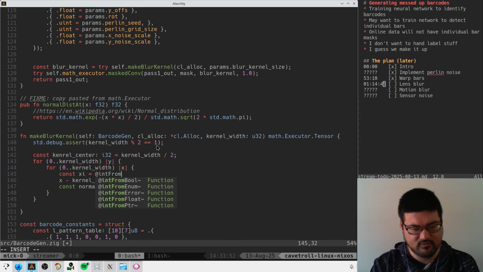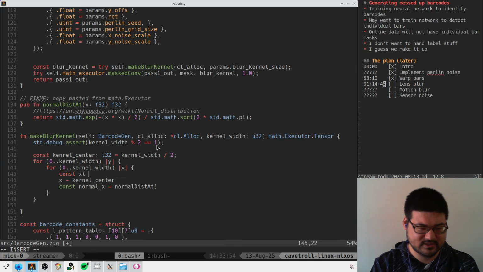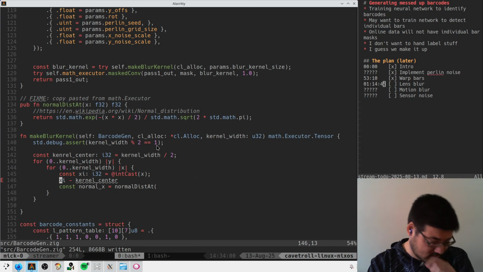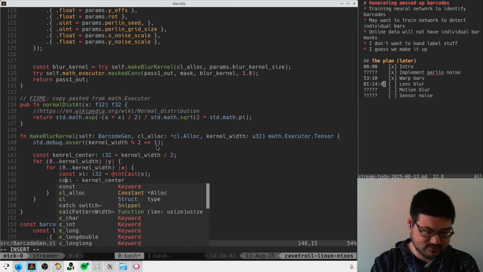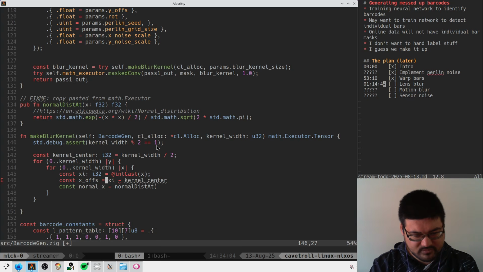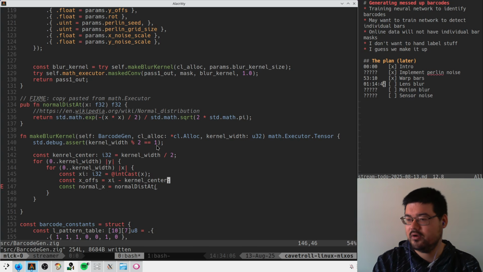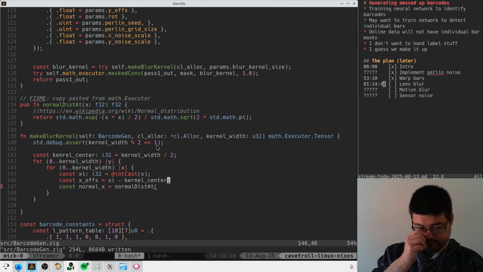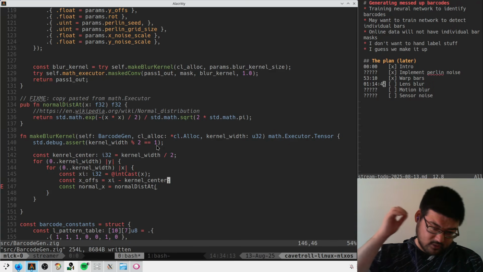Xi is int cast from X. We do xi minus kernel center, which is the x offset. Then here we need to convert this.